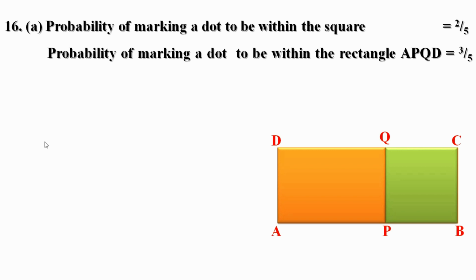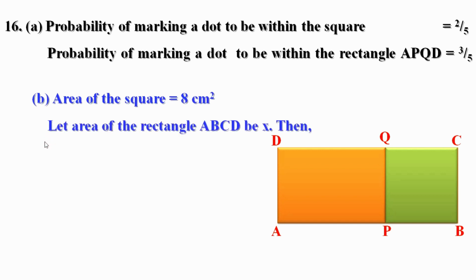Now the second part of the problem, given that the area of the square equals 8 centimeter square. Let the area of the rectangle ABCD be x. Then the probability of getting the dot within the square is 8 by x, but it is given as 2 by 5.